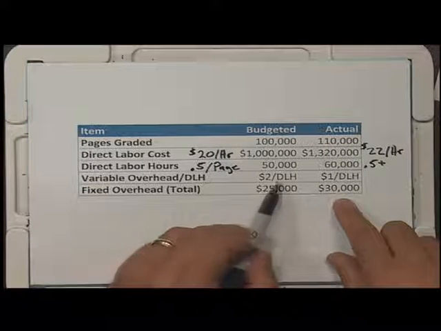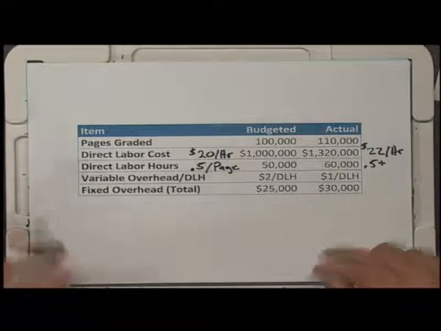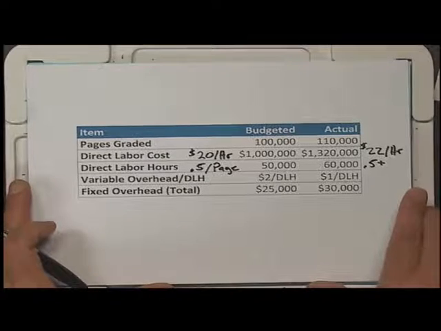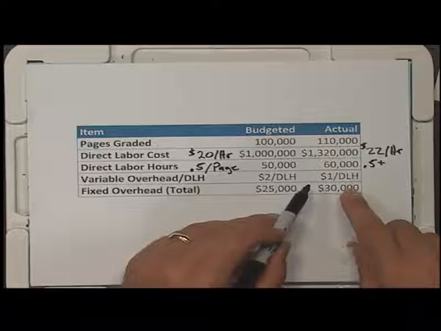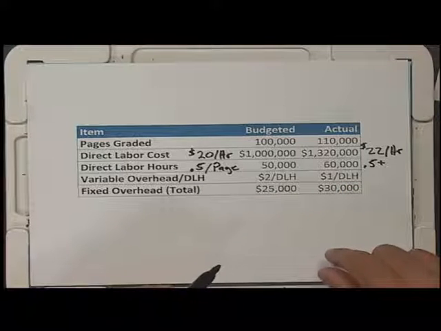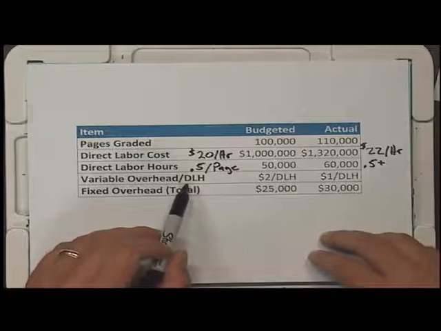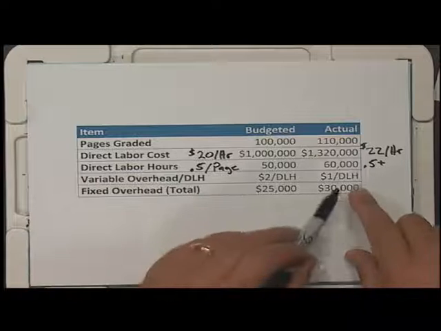So now, there are really two things going on when we think about variable overhead, and that good news is not the only news. We have some bad news too. Remember that labor hours are our driver.